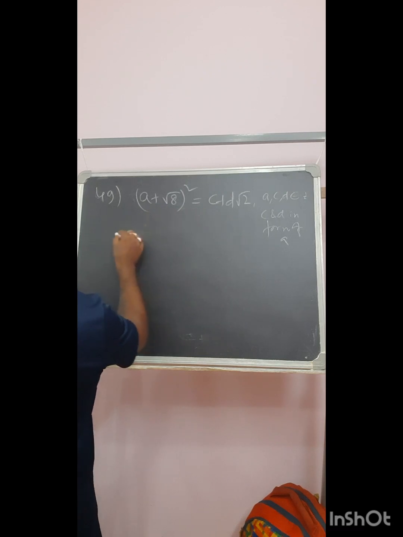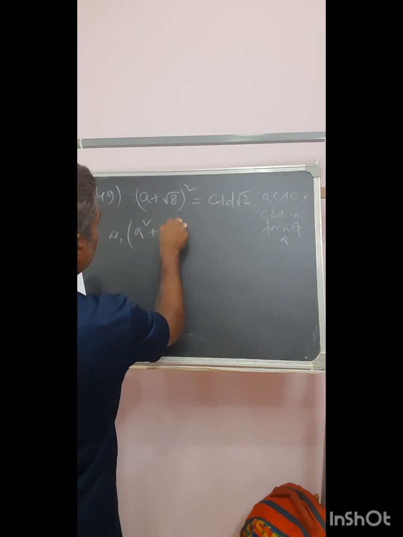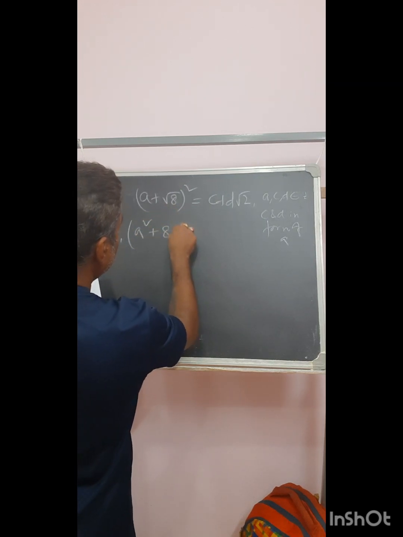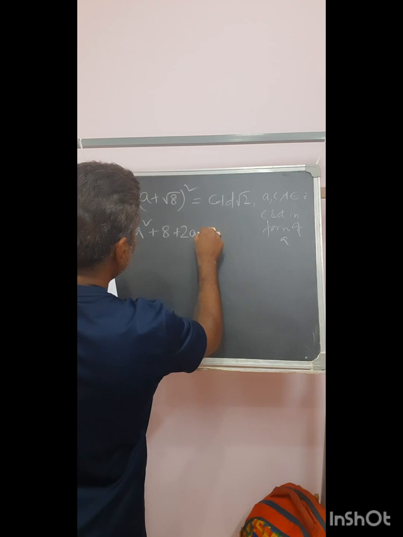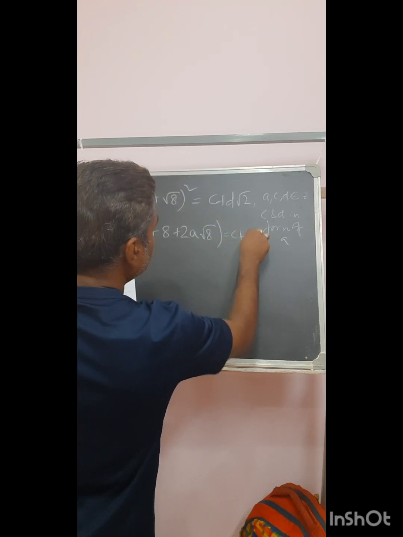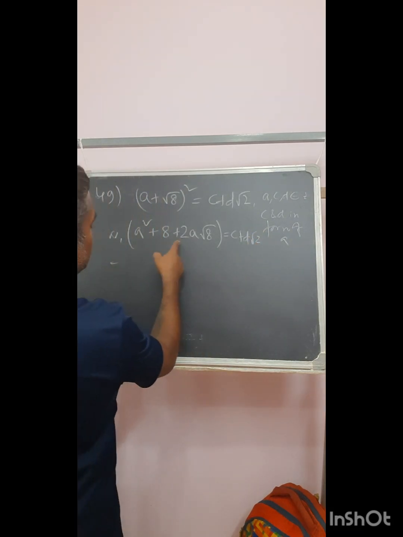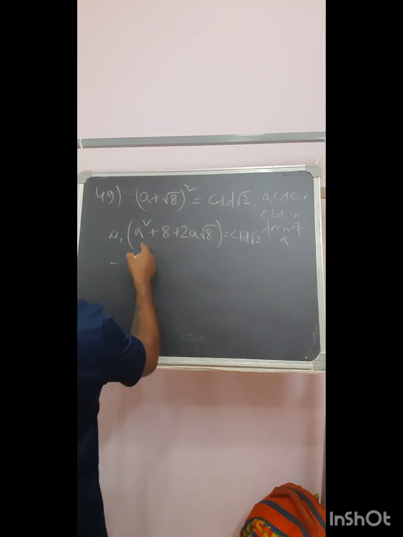let me do direct calculation. There is nothing much to worry. If I do the square of that, a square plus 8 plus 2 into a into root 8 is equal to c plus d root 2. Now anything surd and integer can be clubbed together.